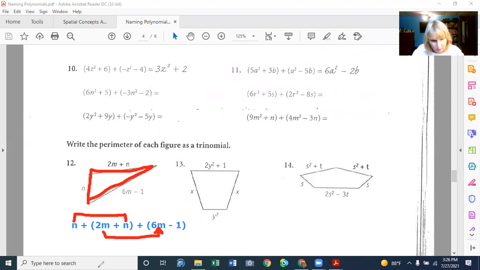So if I combine the n's, I would get 2n. If I combine the m's, I would get 2 plus 6, or 8m. And then I cannot combine the 1 because it doesn't have a letter, so I just have to say minus 1. So that's the answer to number 12, 2n plus 8m minus 1. So that's how you do those.